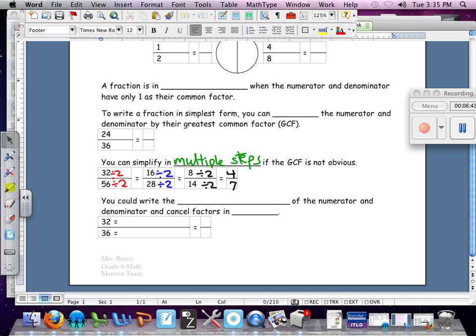Another method uses prime factorization, you know I love prime factorization. You could write the prime factorization of the numerator and the denominator and cancel factors in common.